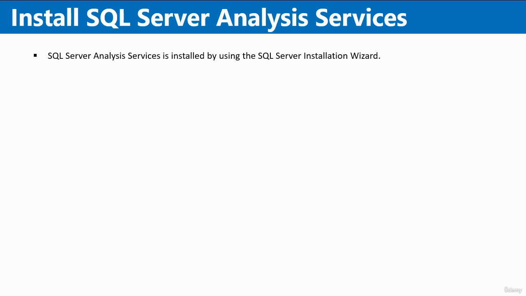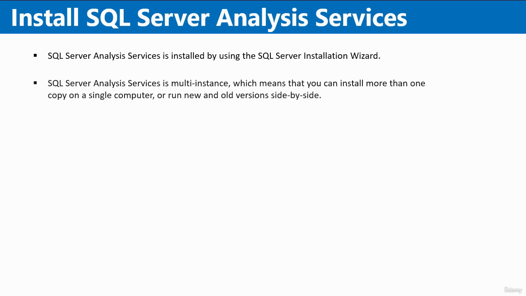SQL Server Analysis Services is multi-instance, which means that you can install more than one copy on a single computer, or you can run a new and old version side by side.